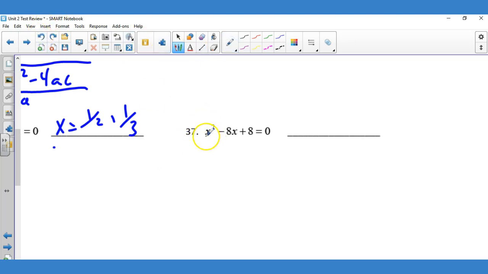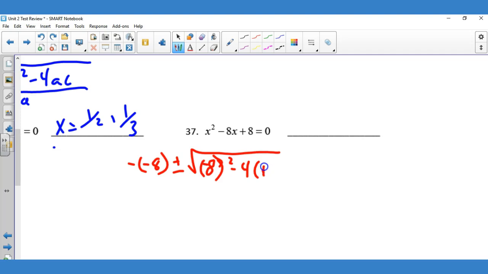So again, A is 1, B is negative 8. So negative B plus or minus the square root of B squared minus 4 times A times C, all over 2A.